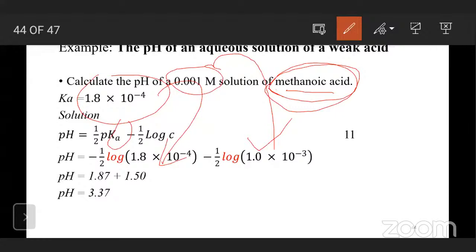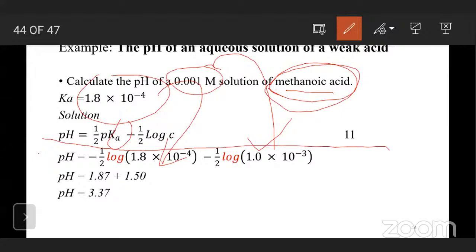So anytime you are given an organic acid, maybe lactic acid, citric acid, ethanoic acid, ascorbic acid, all of them are weak acids. And the equation you use to calculate their pH is this equation 11.